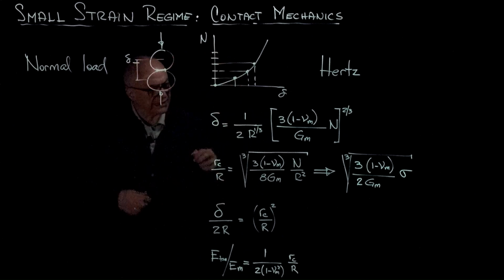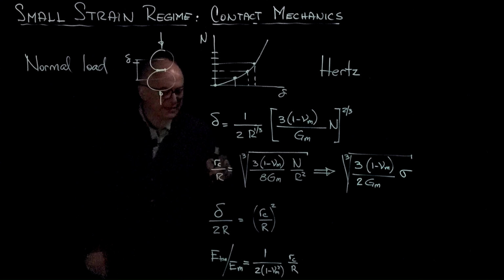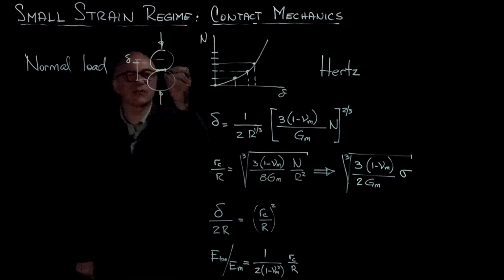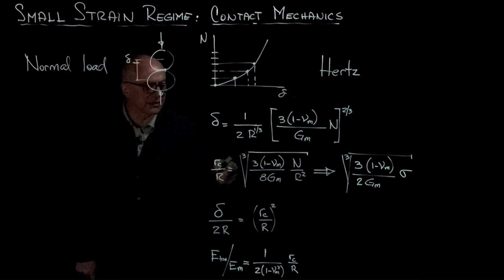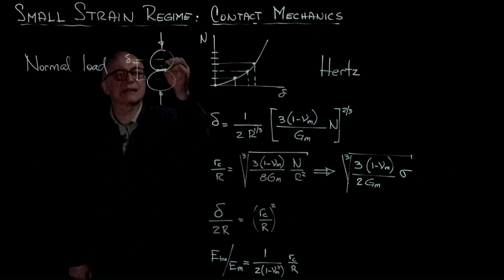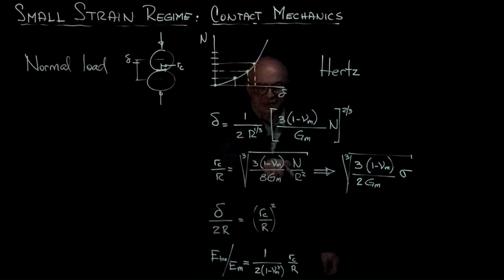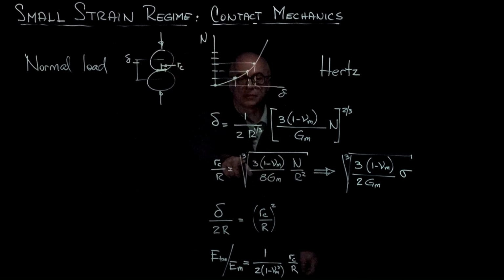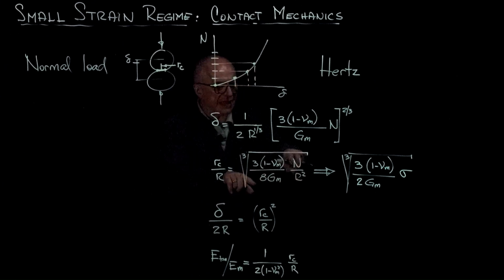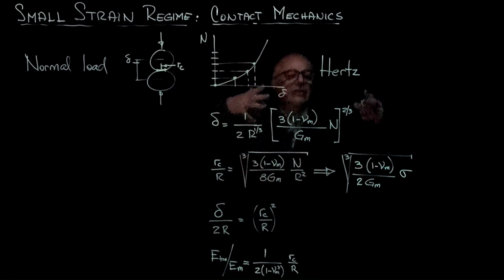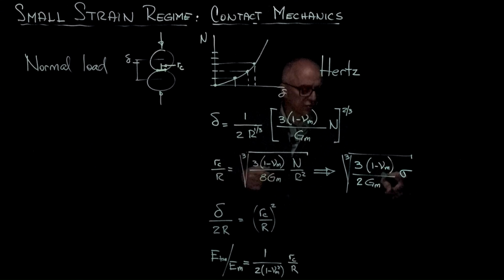The other equation that is quite relevant is how the size of the contact increases with the applied load. The size of the contact here is this little radius, the radius of the contact. The radius of the contact also increases with the normal load by the cubic root. And in fact, because I have 4r squared here, I can replace that N by an equivalent macroscale stress.